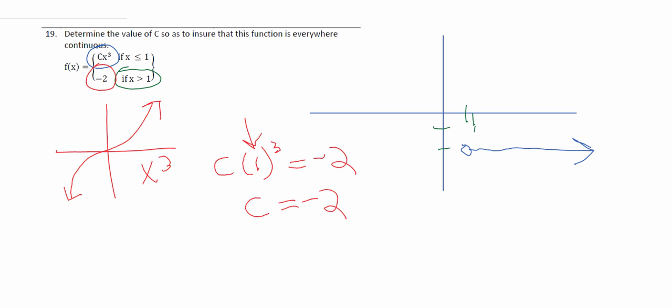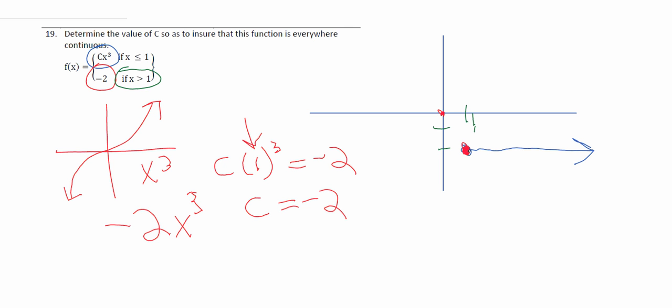So what's the effect of negative 2 x to the third power? Well, if you plug in 0 for x, you get 0 times negative 2, so it does go right to the origin. And if we plug in a 1, we get negative 2. That ensures that these two are continuous.